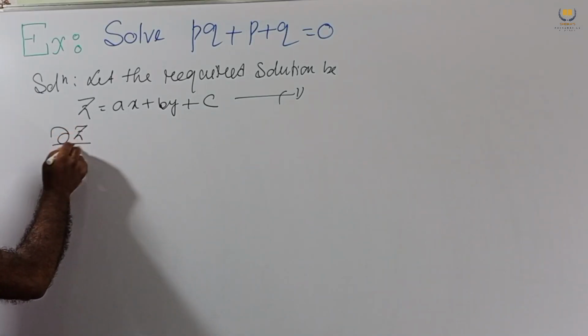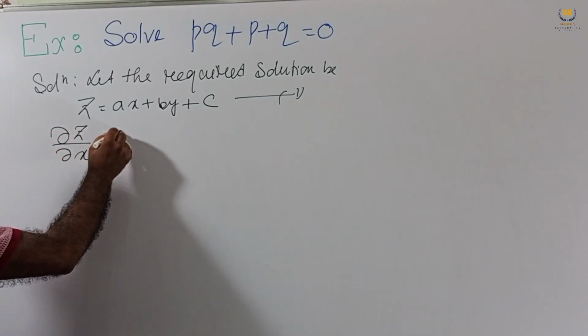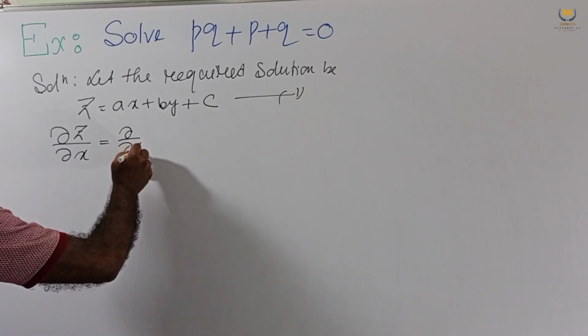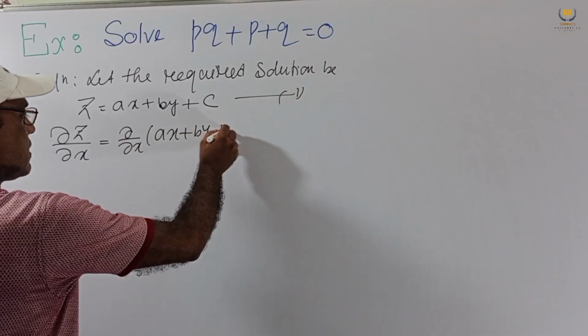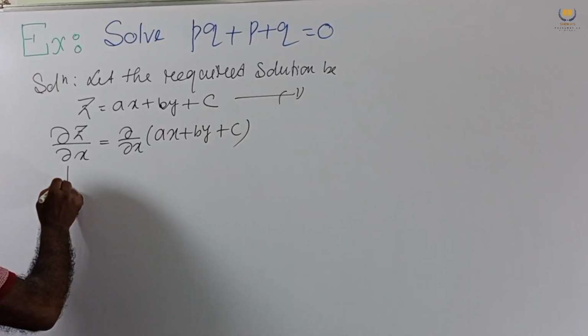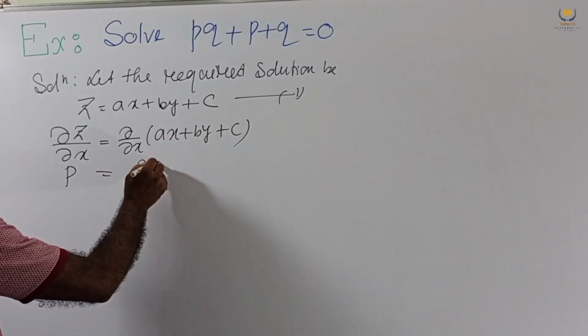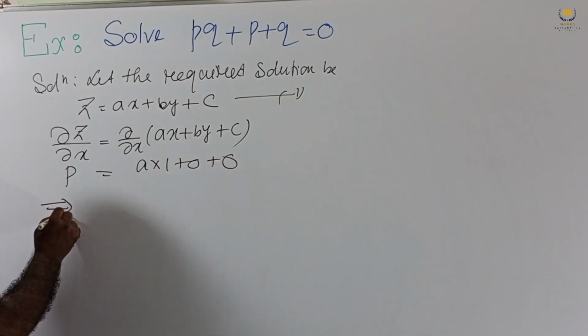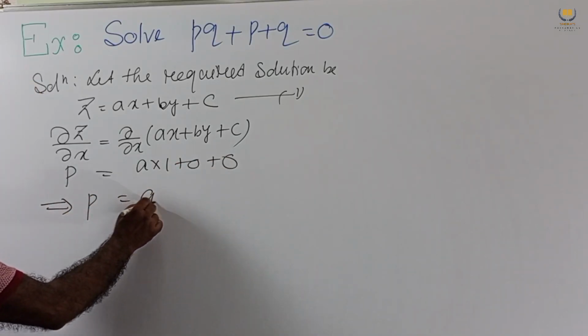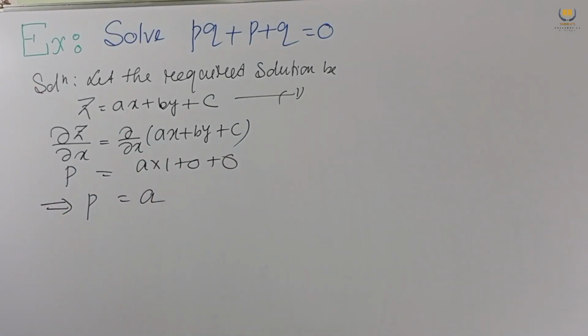Del z del x is del by del x of ax plus by plus c. This is p, this is a into 1 plus 0 plus 0. This implies p equal to a. We get this one.